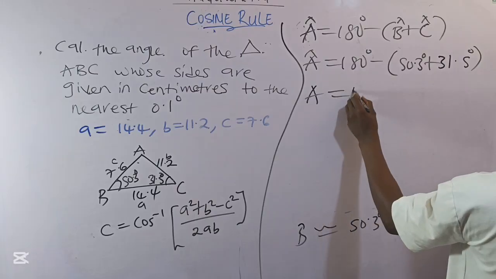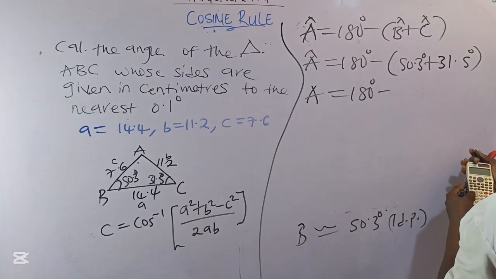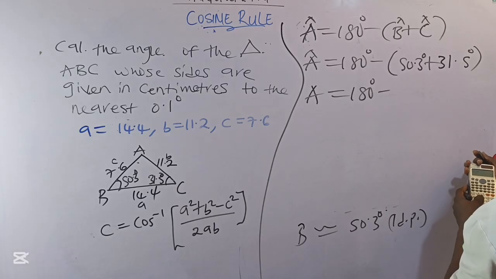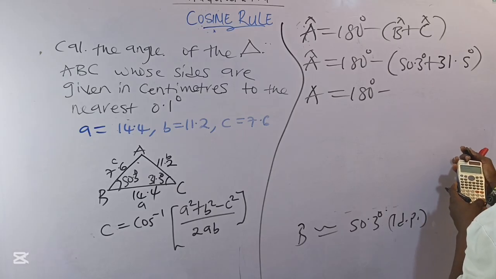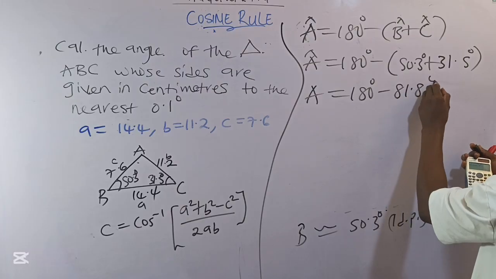So my A will be equal to 180 degree minus the sum of this, 50.3 plus 31.5, and that will give me 81.8 degree.